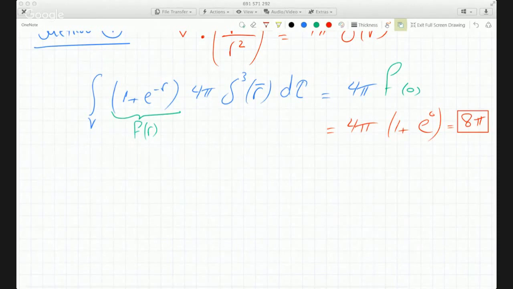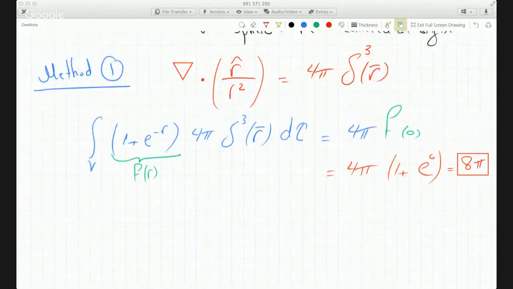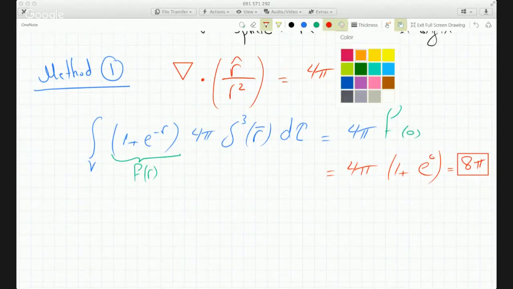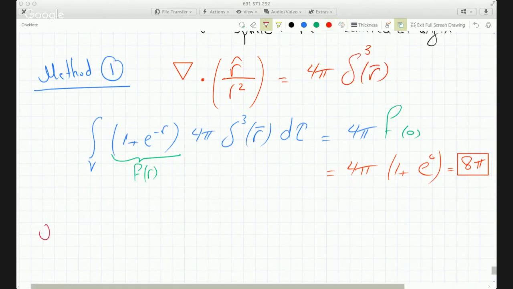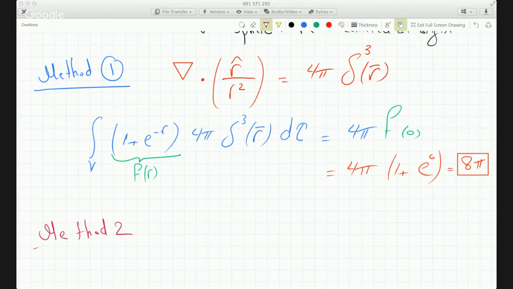So this is the utility of this Dirac delta function. Right. So let's go to method 2.